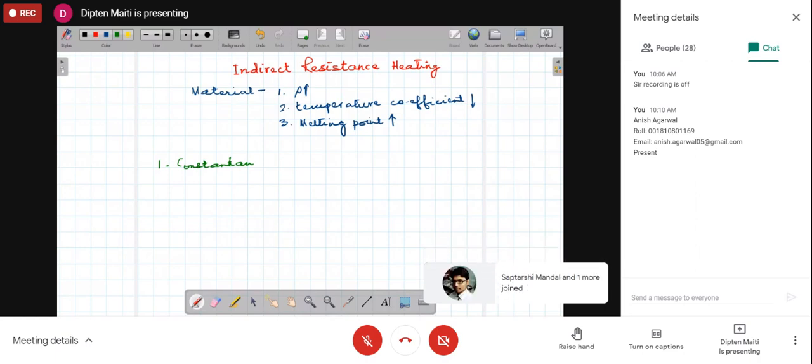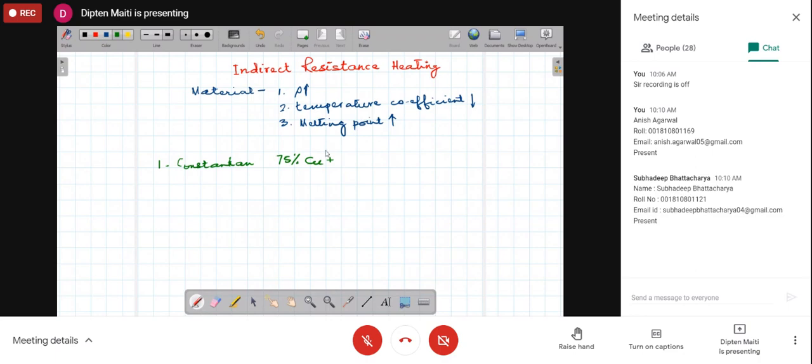which has around 75% of copper and 25% of nickel. This is usually suitable up to 400 degrees centigrade.